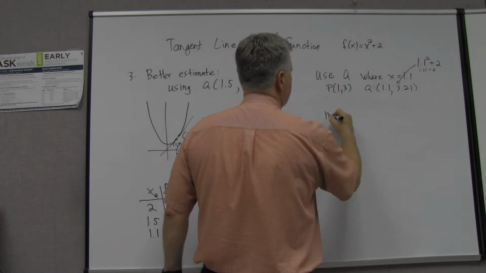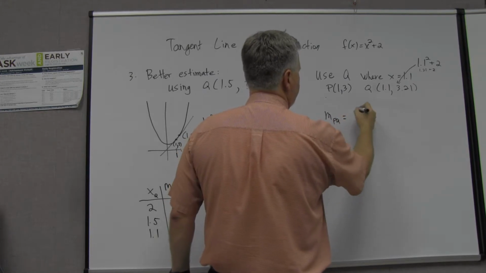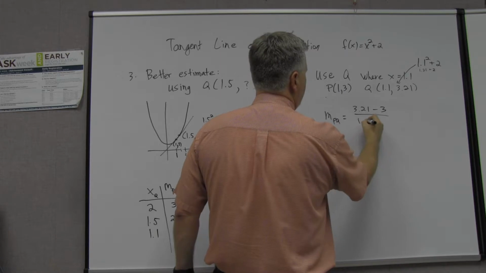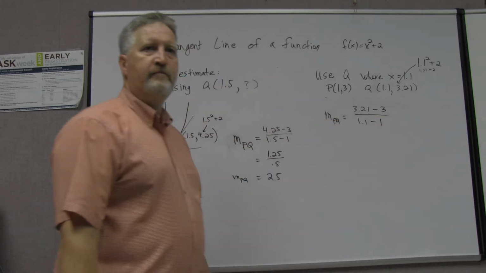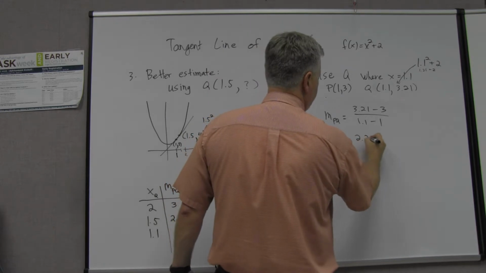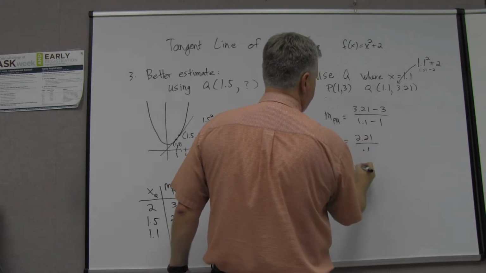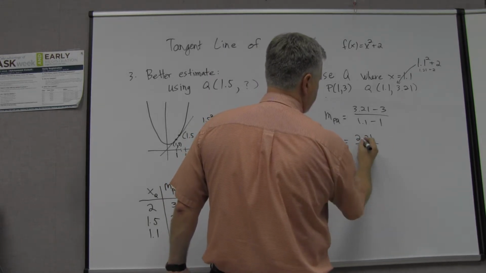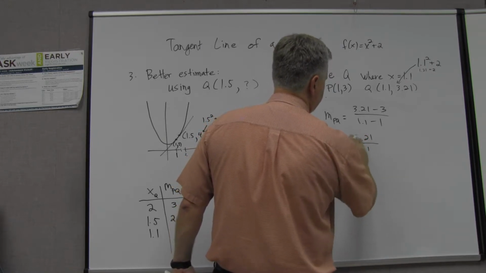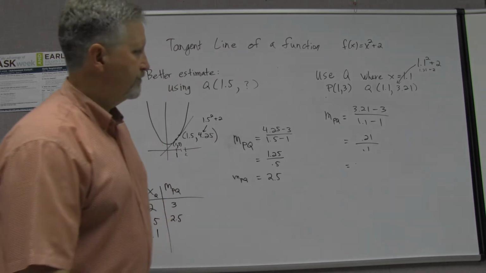Okay, so the m_PQ then would be 3.21 minus 3 divided by 1.1 minus 1. So we get there 0.21 divided by 0.1, that's 2.1.